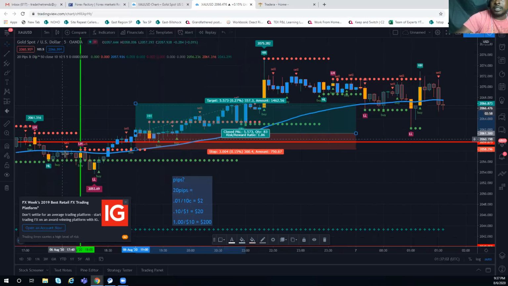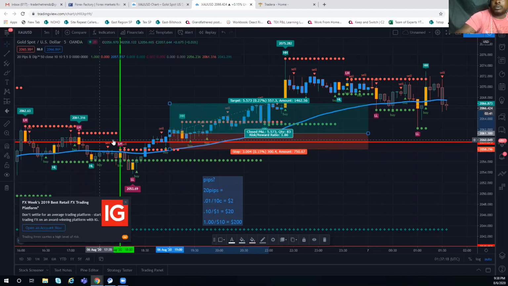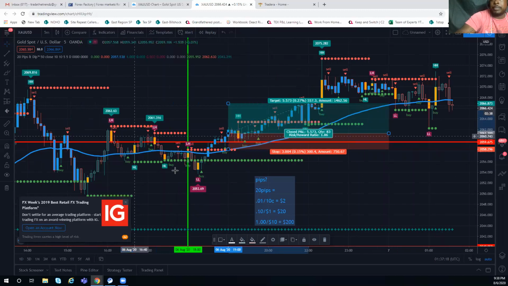But the trade I took yesterday was from when I was at Sam's house. I was at one of my partner's houses that trades with us as well. He stays about 10 minutes from me. So I went to his house and he was in a buy, but the market was now coming down. The market was on its way down a bit, and I believe it was right here.